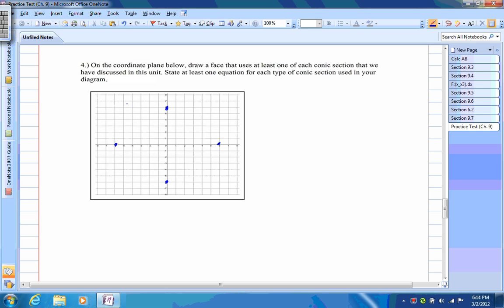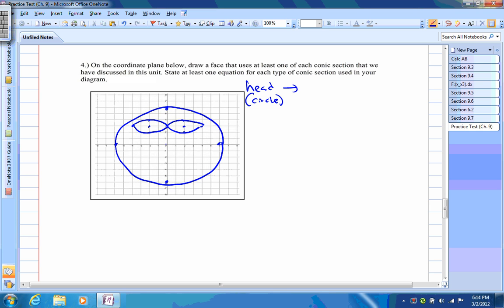So I wish to make the head of the face a circle. Okay, that's kind of off a circle, but I'm going to make my head a circle. And then let's say the eyes will be like an ellipse. Let's say the parabola will be like the mouth or a smile.